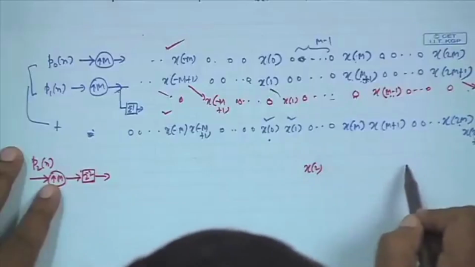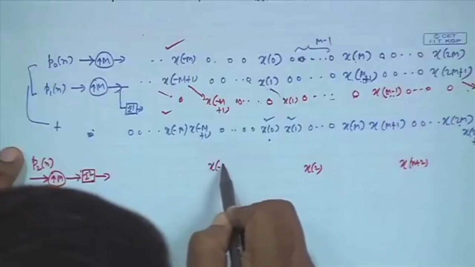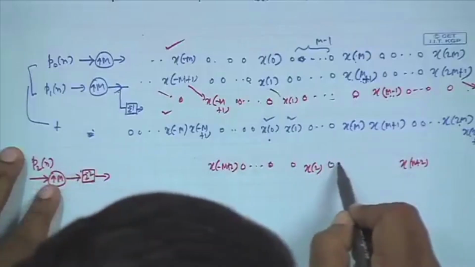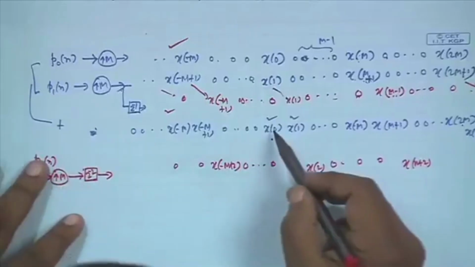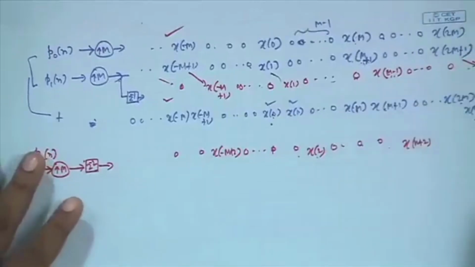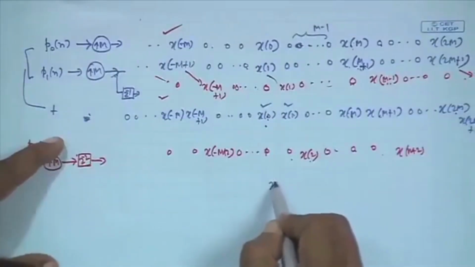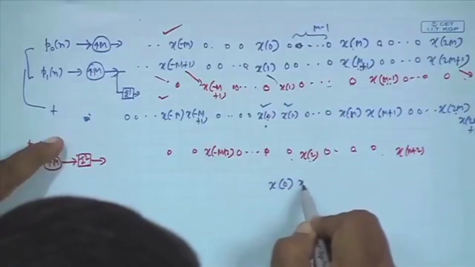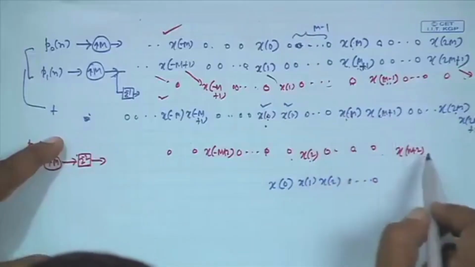Xm, then jump to the right by m, xm plus 2 will go here, x minus m plus 2 will go here, and there will be zeros below them also, like that. If you add this plus 0, this plus 0, like that, you will have that further constructed, I mean, you will have x 0 followed by x1 followed by x2, then some zeros, then again xm, m plus 1, m plus 2.